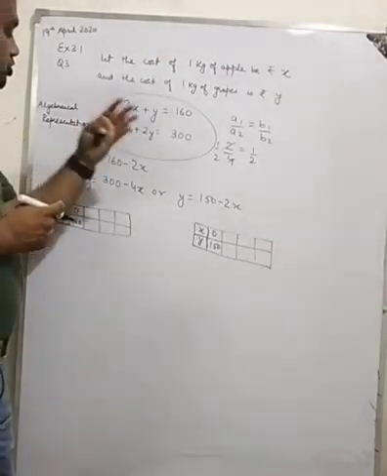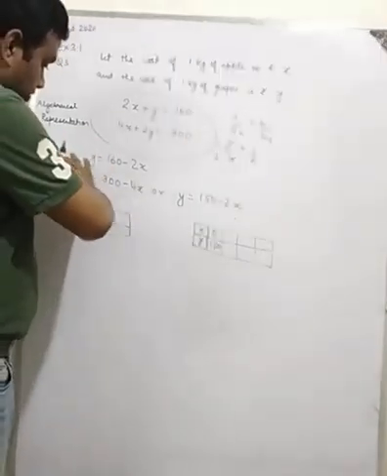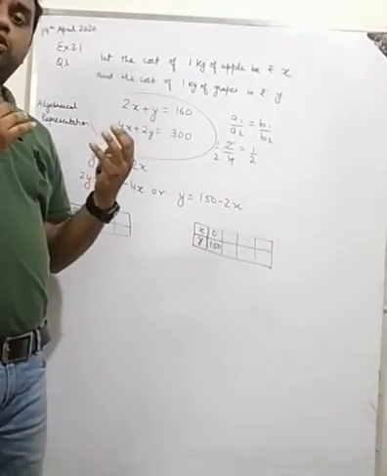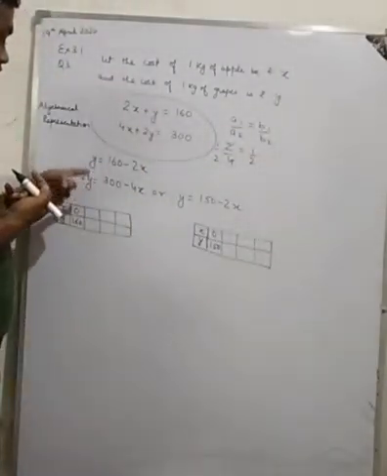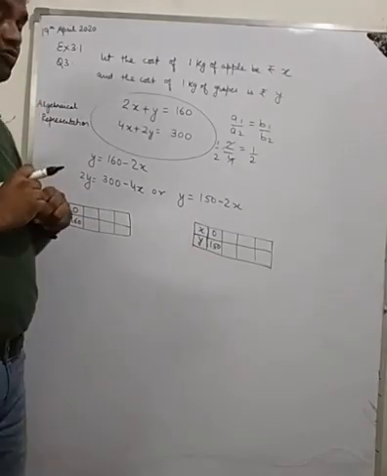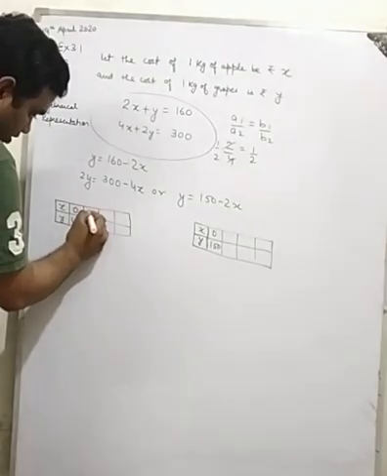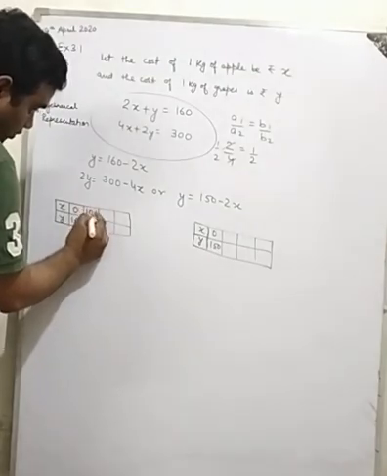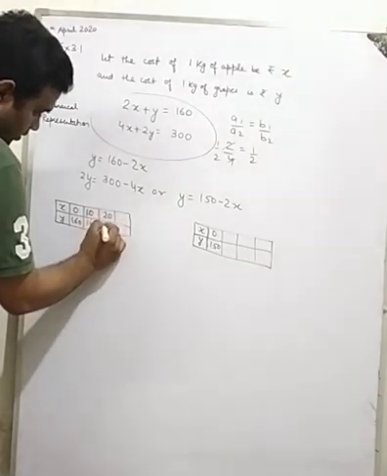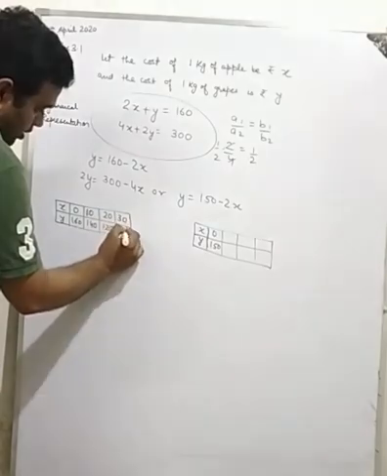So it's better to put the value of x also in tens, and this totally depends upon us how we choose the values. We will choose the values so that the graph can be easily plotted. Now if we put x is equal to 10, y will be 140, for 20, 120, for 30, 100.